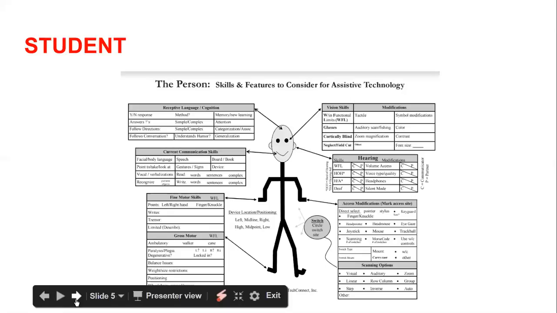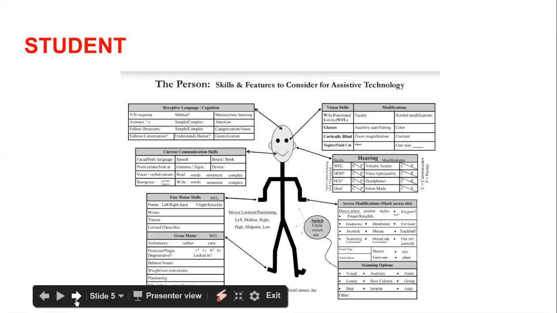So we have, what is their cognition, their receptive and expressive language, their visual skills and what modifications they might need, their current communication skills. How are they hearing? Their fine motor skills, their gross motor skills, the access that they need for different things, whether it's a head pointer or a mouse or even a pencil grip. How are they accessing certain activities and academic materials? And then scanning options.